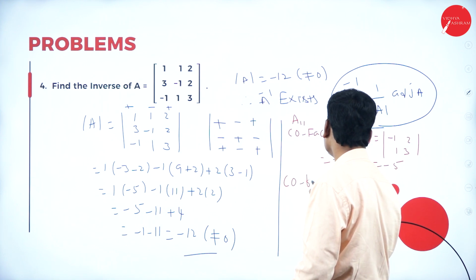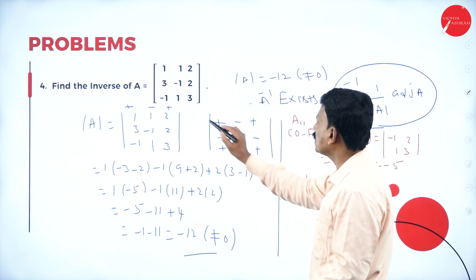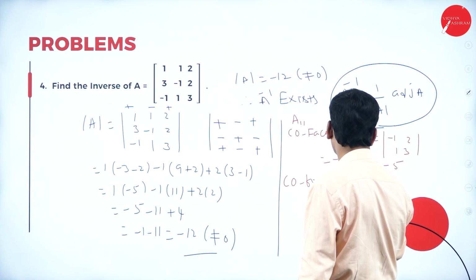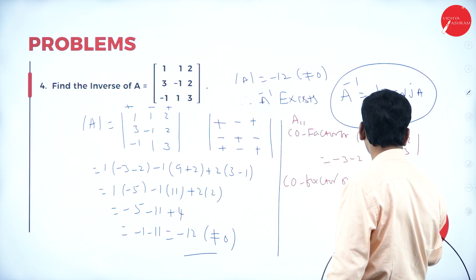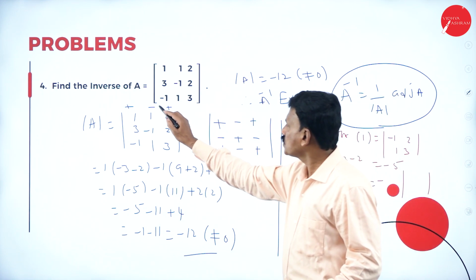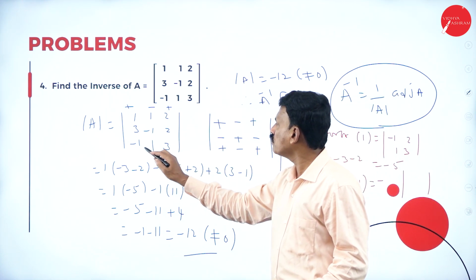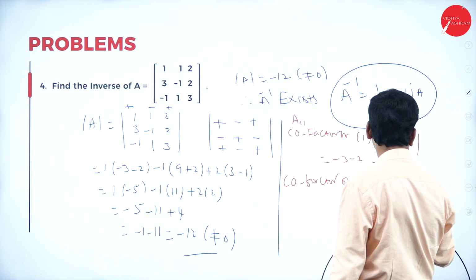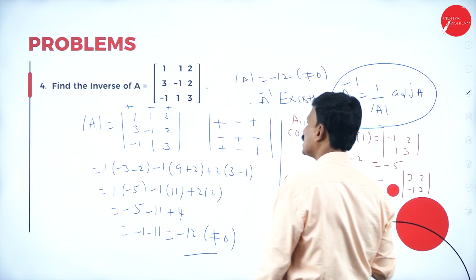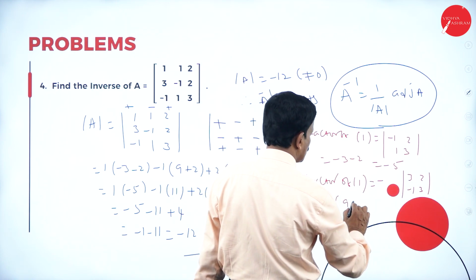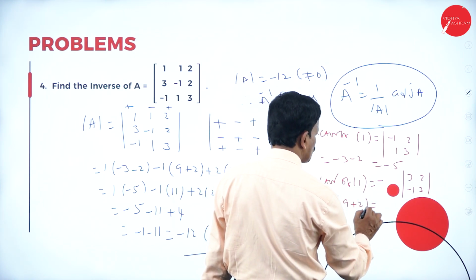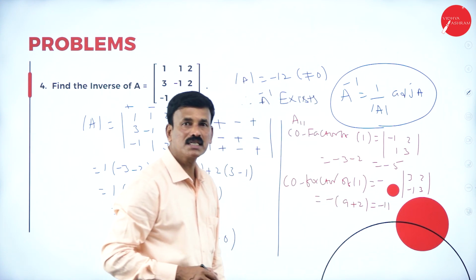Similarly, the cofactor for the second element, again 1. The sign is negative. This row and column are deleted, leaving [3, 1; 2, 3]. Simplify: minus of (3 3s are 9, minus 1 2s are 2), 9 minus 2 is 7... Along with the negative sign, this is minus 11.